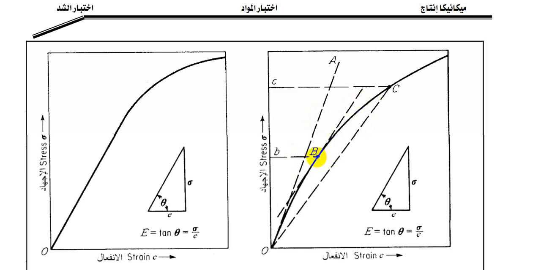And the B here is exactly the point indicating the stress at the elastic limit. The B expresses the point at which the elastic limit is valid, or applicable.